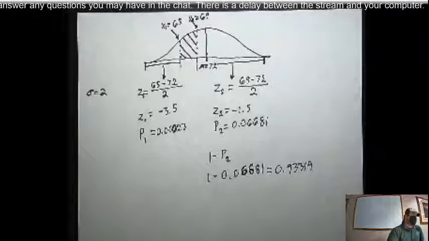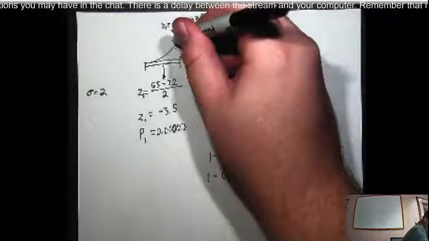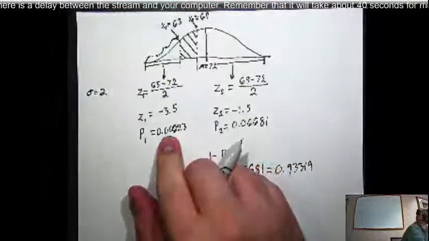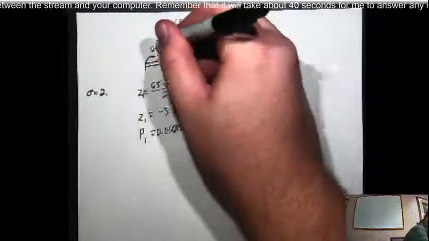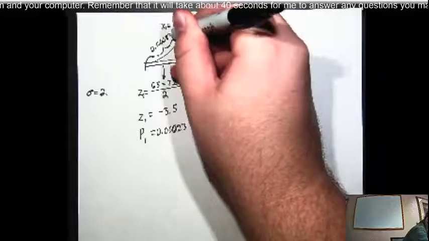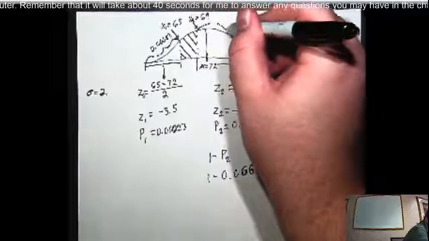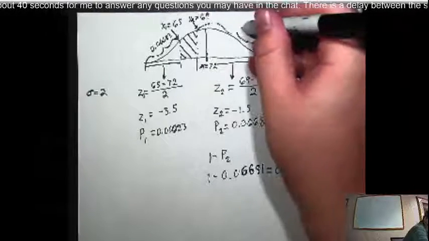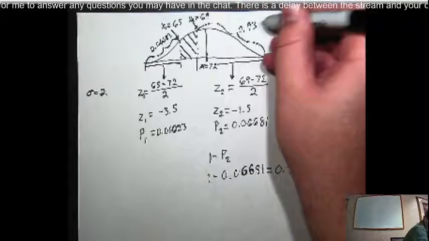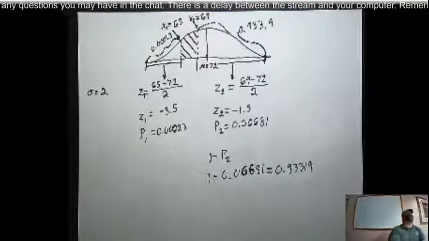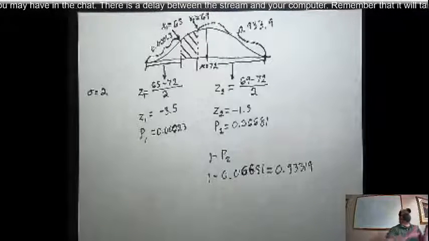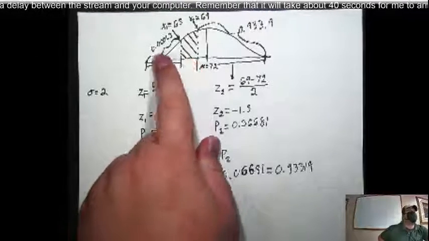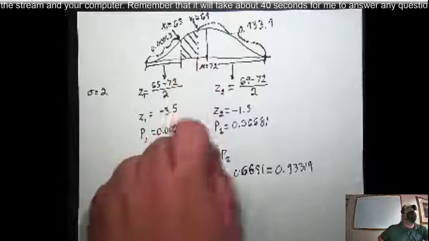All right, so this part is 0.00023, and this part is 0.93319. Those are the parts that we can break off of the whole so that we only have this part left over. So let's subtract these from 1 so we can get just this part.